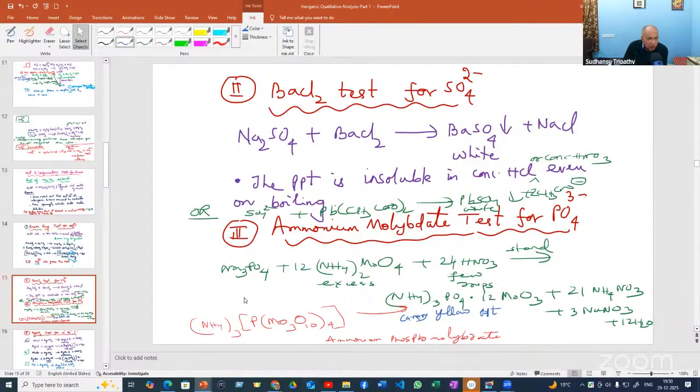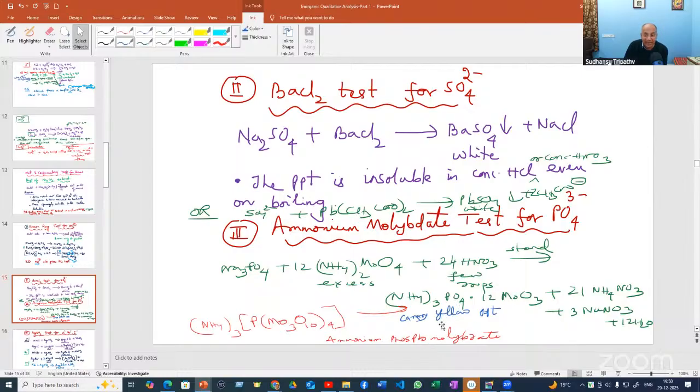So what you do is take any phosphate salt that is given to you, for example, add first a few drops of concentrated nitric acid, and then excess of ammonium molybdate, and let it stand for some time. You get a yellow precipitate.